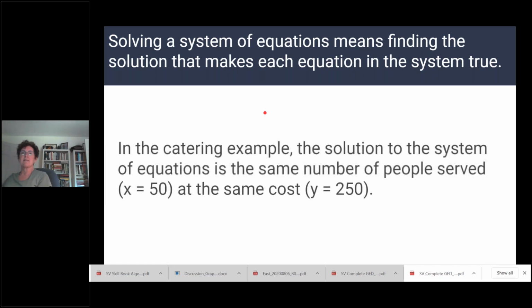In this case, the solution to the system of equations is the same number of people served at the same cost. So for these two equations, 50 people would be served for the same amount of money for both catering companies.